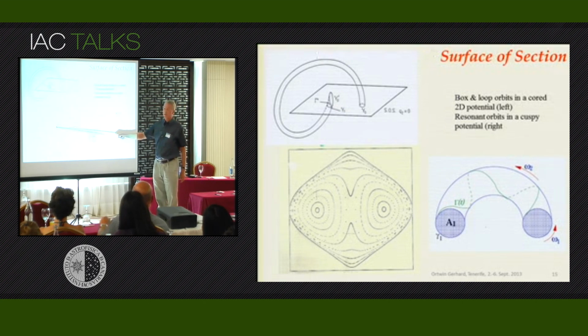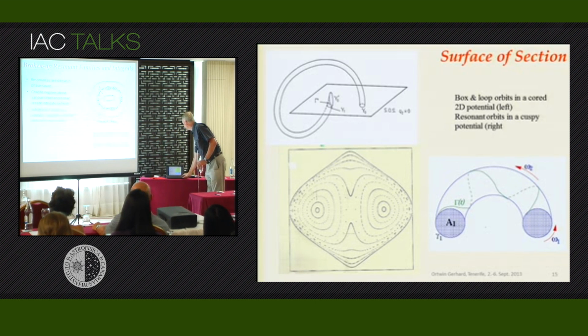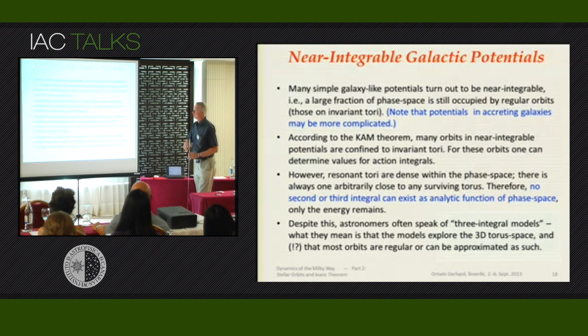So it turns out, and you could see this from this plot here. This is a simple model potential, I think it's a logarithmic potential, if I remember. This was a long time ago. And so this is not an integrable potential, but it looks not so bad. It has a lot of invariant curves here, orbits that look regular.